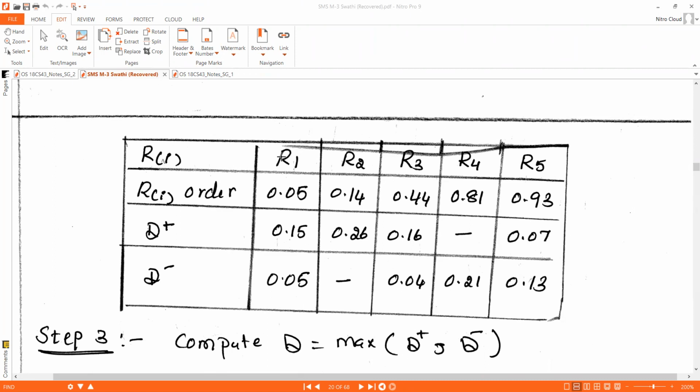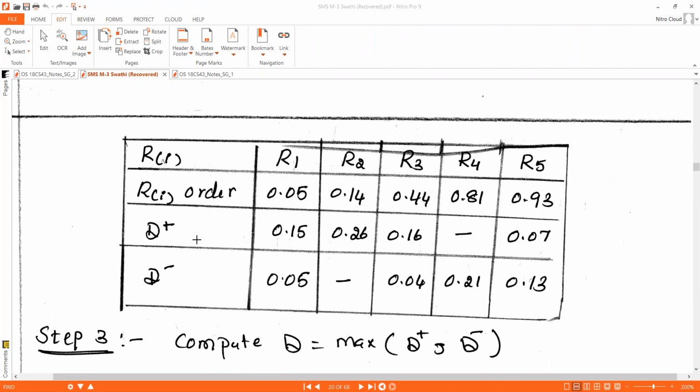That is Ri: R1, R2, R3, R4, R5. R1 value is 0.05, R2 is 0.14, R3 is 0.44, R4 is 0.81, R5 is 0.93.